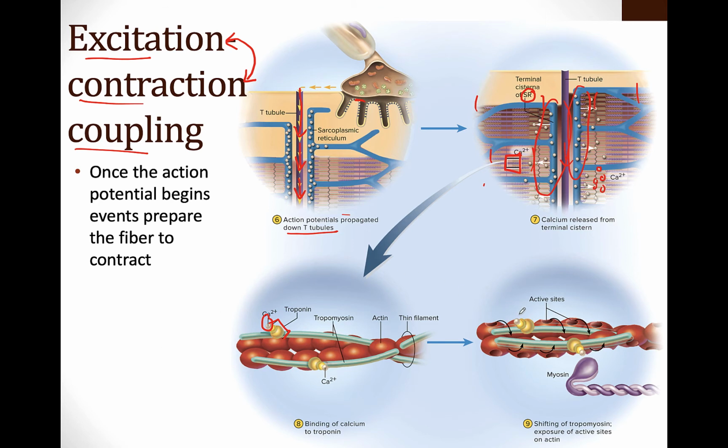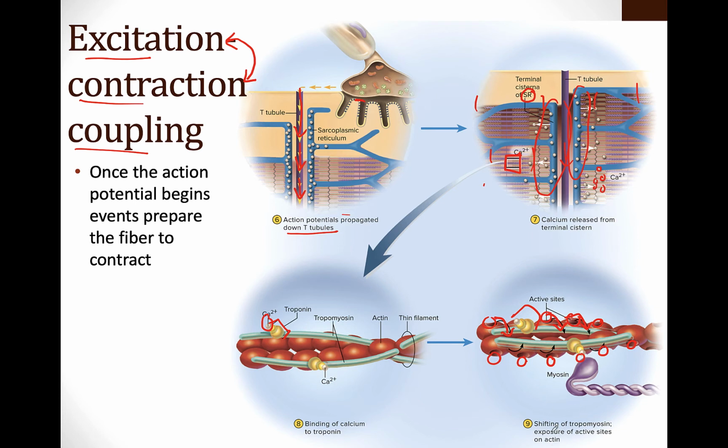So when calcium binds to troponin, it's going to move the tropomyosin. So normally tropomyosin is covering these little active sites. You couldn't see those in the previous picture. But once the calcium binds to troponin, tropomyosin moves out of the way, and these little active sites become visible.